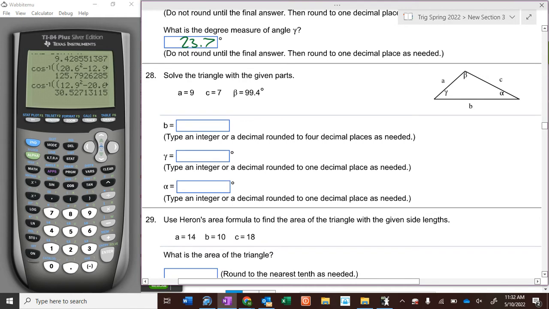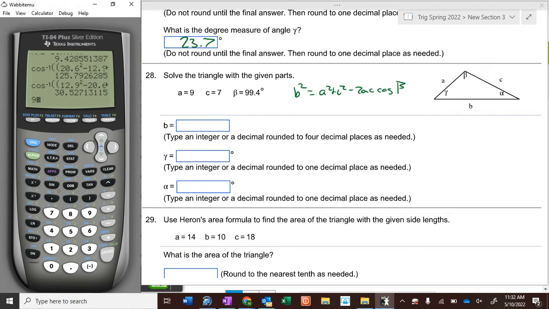All right. If you have side angle side, it is law of cosines again. But if you're finding a side, then b squared equals a squared plus c squared minus 2ac cosine of beta.